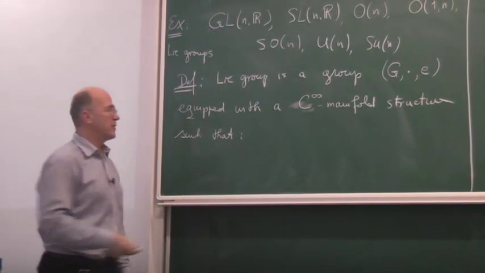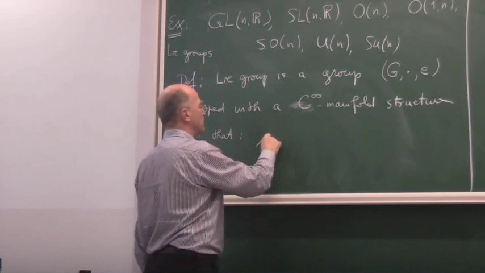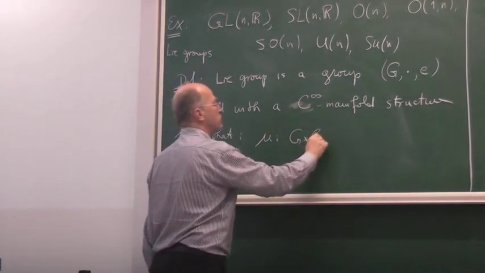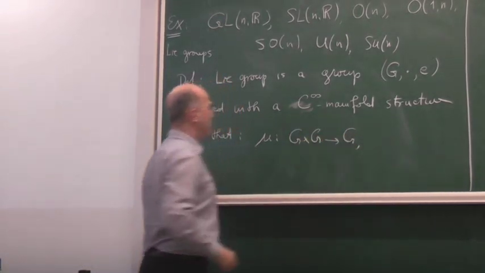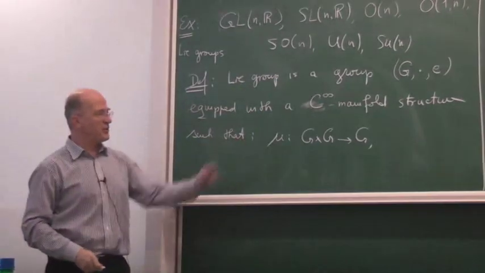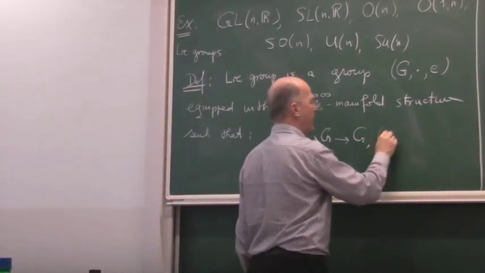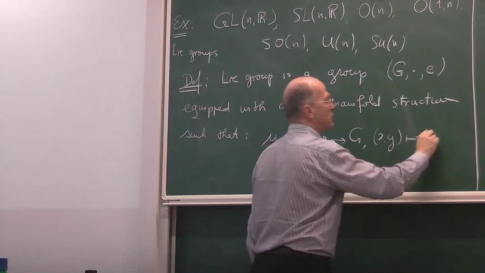The first, of course, is the multiplication map from G times G to G, mu, multiplication, mapping a pair (x, y) to xy.